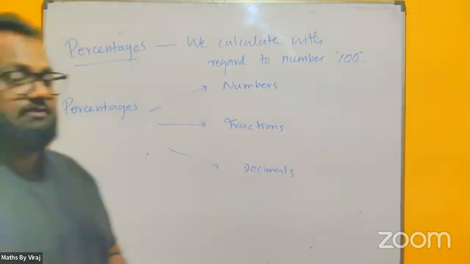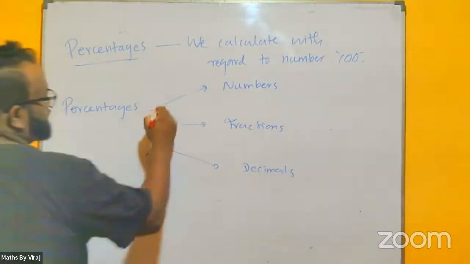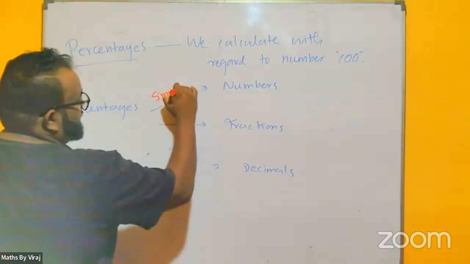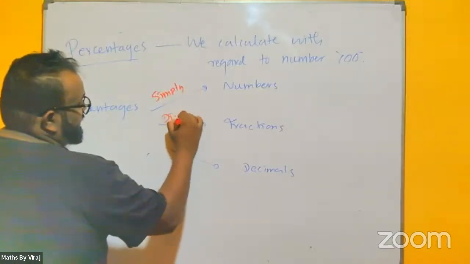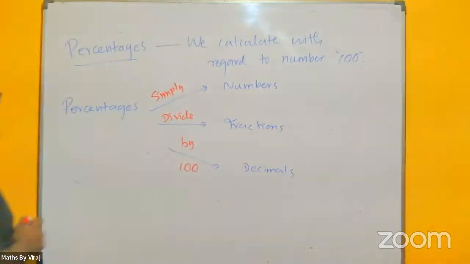The before method we multiplied by 100. Now in this method, what do we do, children? Simply divide by 100. Simply divide by 100.